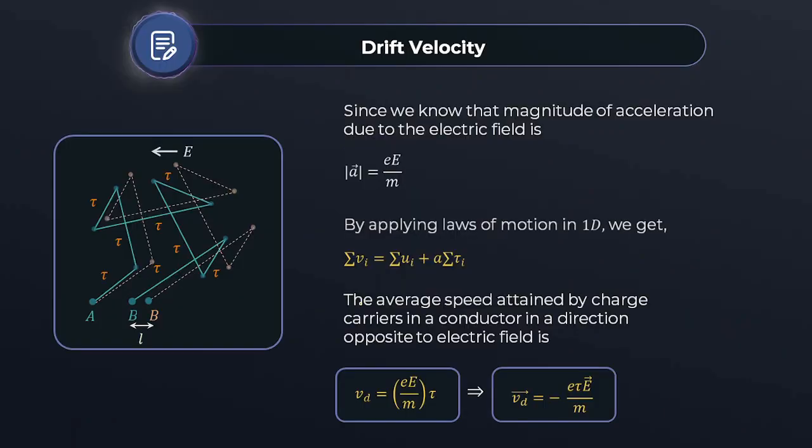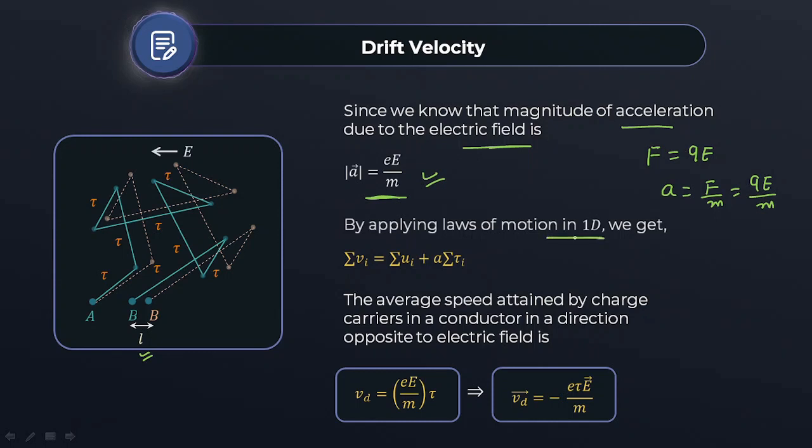So next is drift velocity. Suppose one particle is moving and drift is from A to B. It has moved by distance L. Since we know the magnitude of acceleration due to electric field, force will be equal to q times E, and acceleration is equal to force by mass, right? So it will be qE by m. So the magnitude of acceleration due to this electric field will be qE by m.